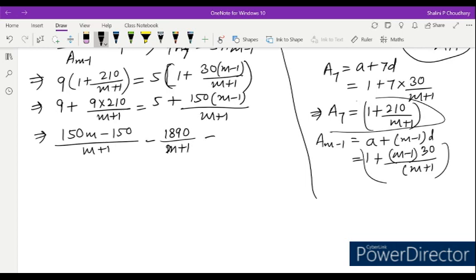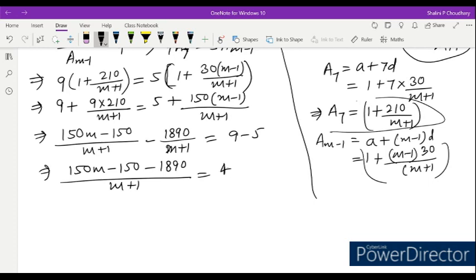Okay. So on this side we can put 9 minus 5. So this will be equal to (150m minus 150 minus 1890) upon m plus 1, and this will be equal to 4.